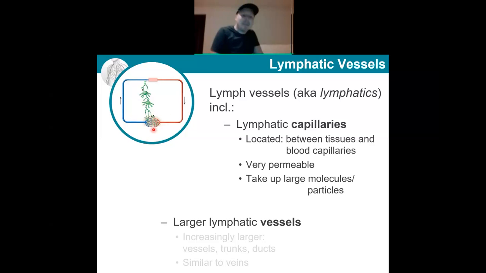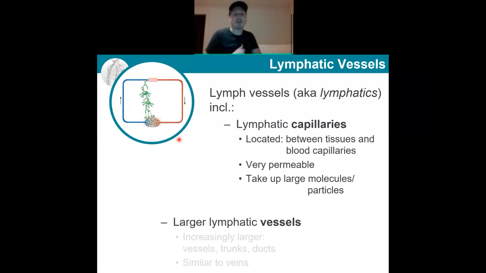Well, sometimes there are fat molecules that are way too big to be caught by the cardiovascular system at the capillaries to go into the blood. These big molecules are picked up by lymphatic vessels, and they travel within the lymphatic system close to the heart, where they then get dumped into the blood.